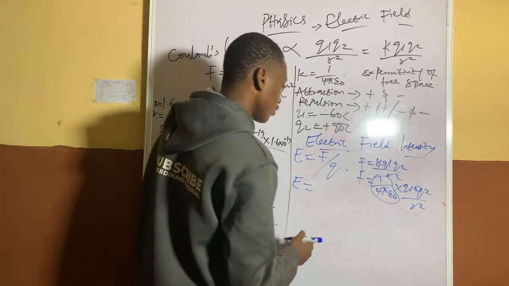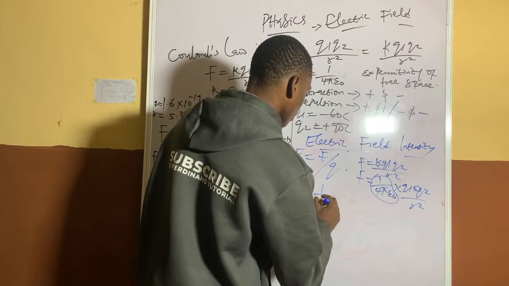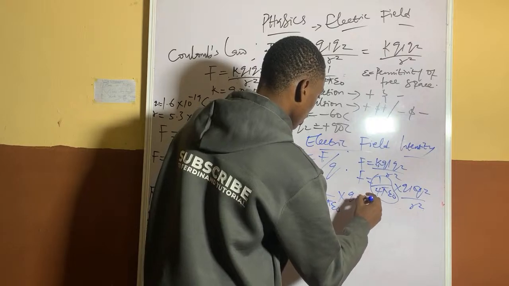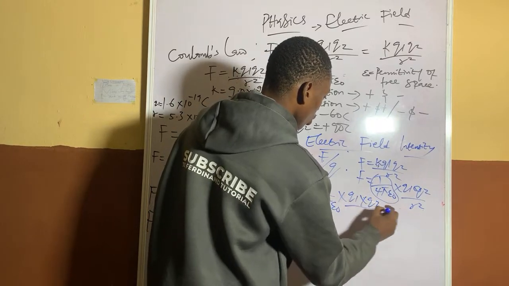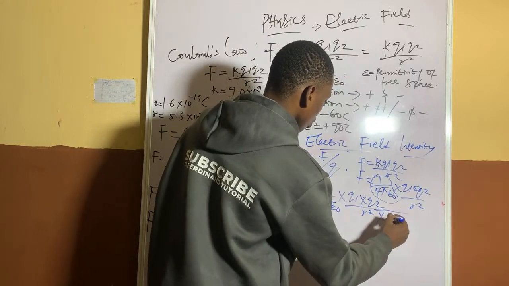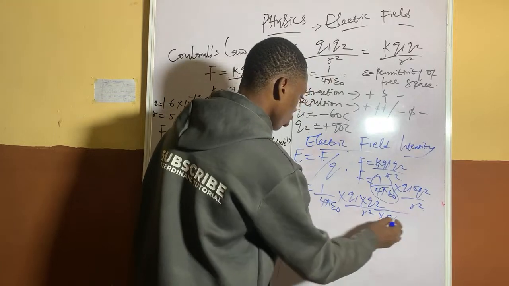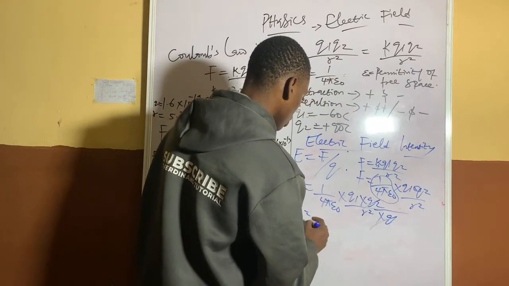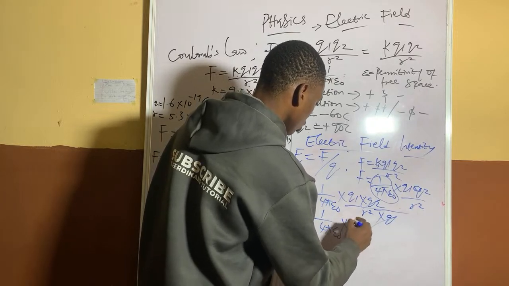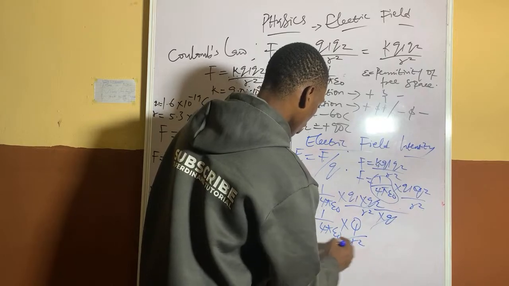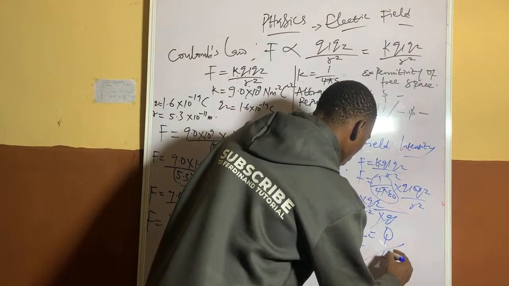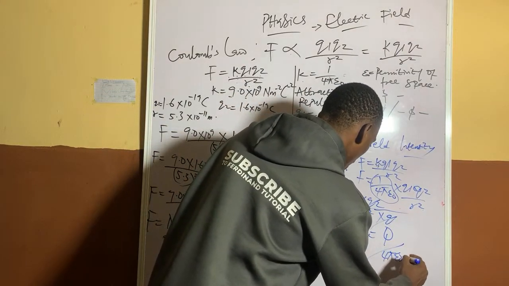Anywhere I see F, I will put 1 over 4 pi epsilon naught times Q1 times Q2 all over R squared, all over Q. So I'm going to say E will be equal to, cancel Q1 with Q. E will be equal to 1 over 4 pi epsilon naught times Q all over R squared, which is the same thing as Q all over 4 pi epsilon naught R squared.